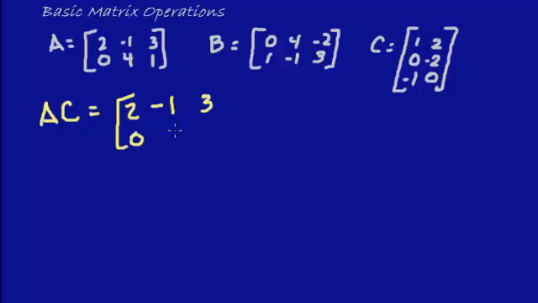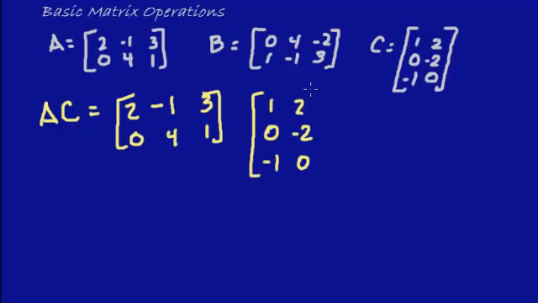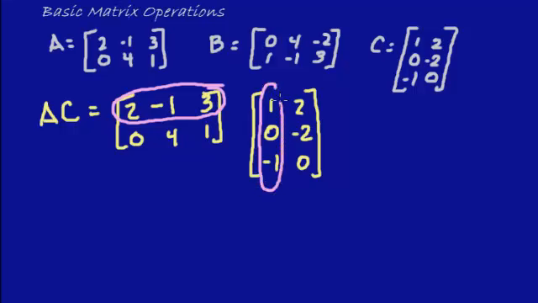Now, in order to multiply two matrices, the number of elements in your row for the first matrix must be the same numerically as the elements in the column. So I have 3 elements in this row in A, and I have 3 elements in the column for C, and so this matches up.